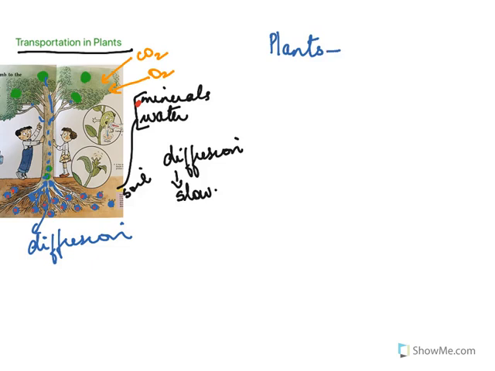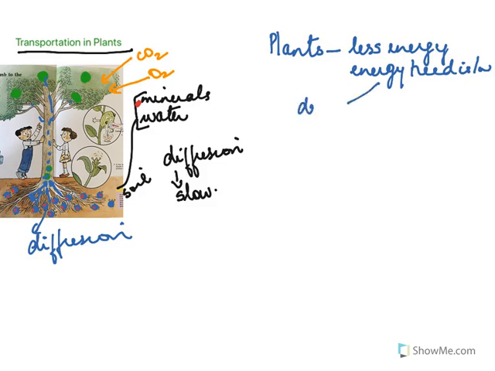Now plants require less energy. Their energy needs are low. And why is it low? Number one, they are mainly made up of dead cells. The plants have got a lot of dead cells, and dead cells require less energy.